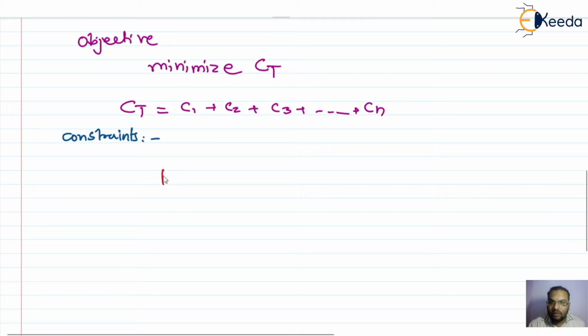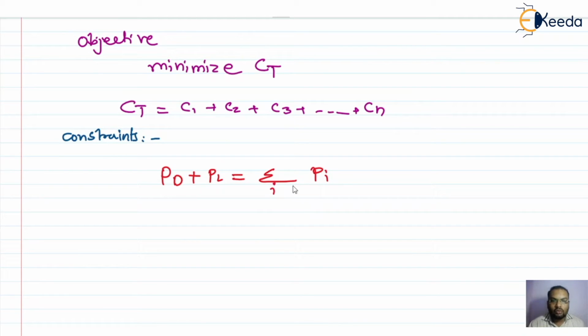Previously, in our earlier discussion where we had not considered the transmission losses, we were writing only that power demand should be equal to the power output of all the generators. But as we are now considering losses, we should have PD plus PL equal to the power output of all the generators. So this is the power balance equation.